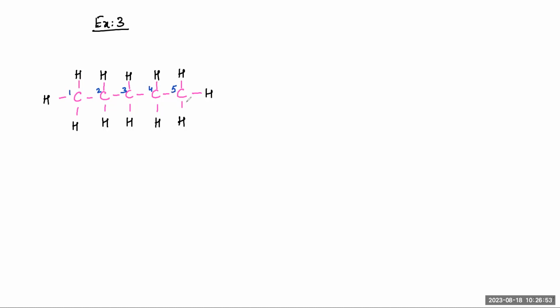And if I start the backward numbering, that would be 1, 2, 3, 4, and 5. Now, as you have noticed, there are 5 carbons in this entire structure. So because of the presence of 5 carbons here, we will now name it as pent.